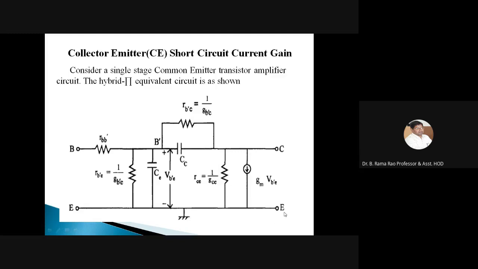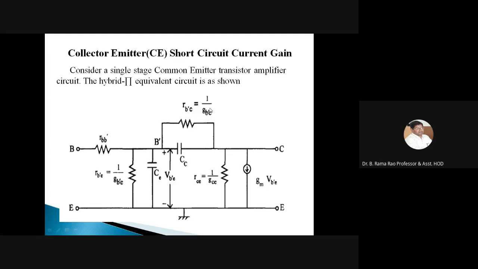When we short circuit the output, these resistances disappear. Then this resistance RB'C is open circuited. Why? Because the value of RB'C is very much greater than RB'E, so this will be an open circuit.